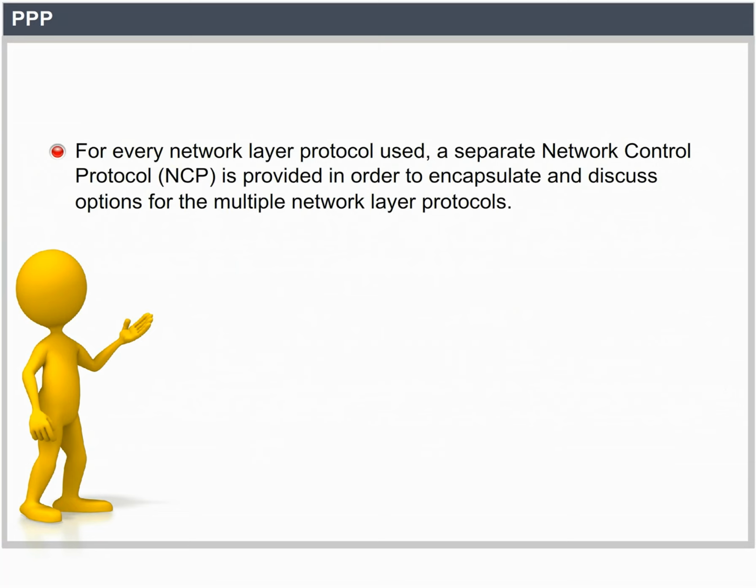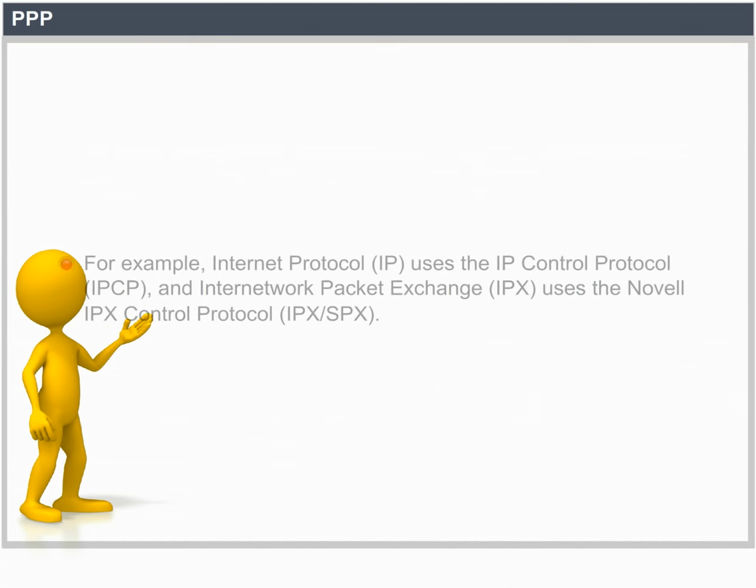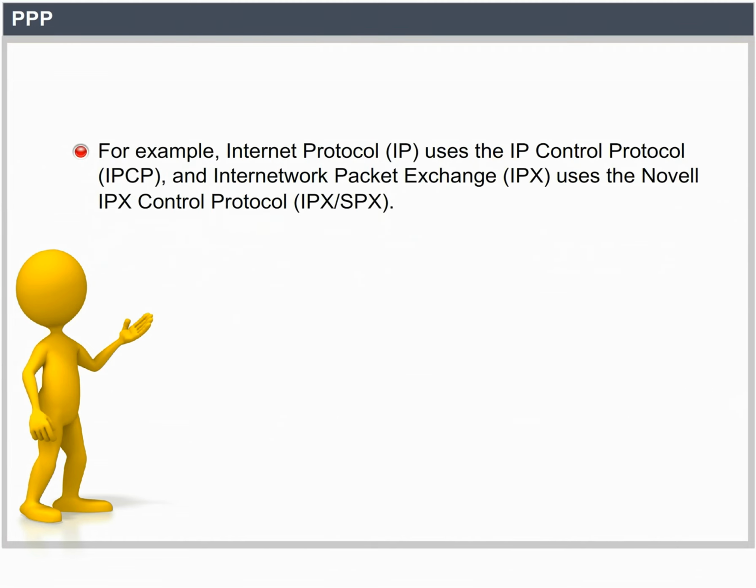It negotiates network layer information, for example, network address or compression options after the connection has been established. For example, Internet Protocol or IP uses the IP Control Protocol that is IPCP and Internetwork Packet Exchange that is IPX uses the Novell IPX Control Protocol that is IPX/SPX.